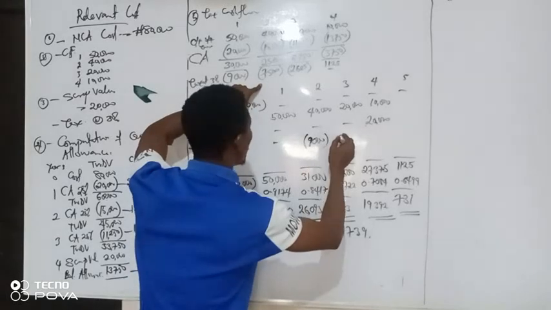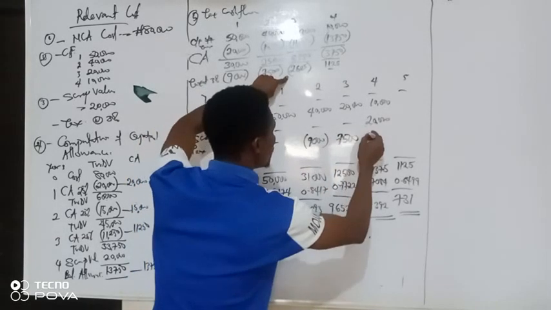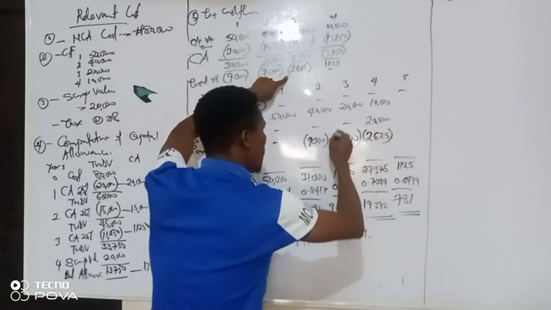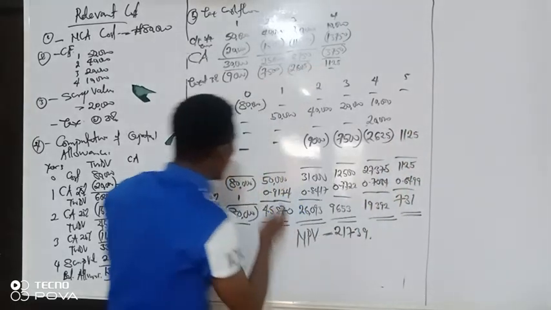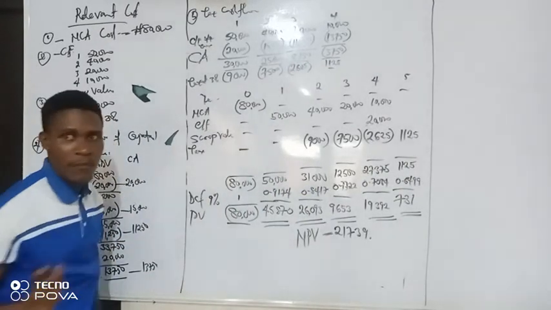Year two goes to year three: 7,500. Then 2,625, and then 1,025. In this case, you cannot bring in tax savings or capital allowance again.